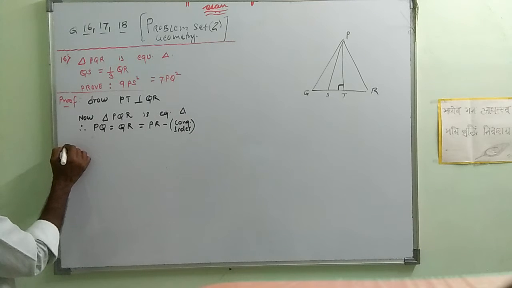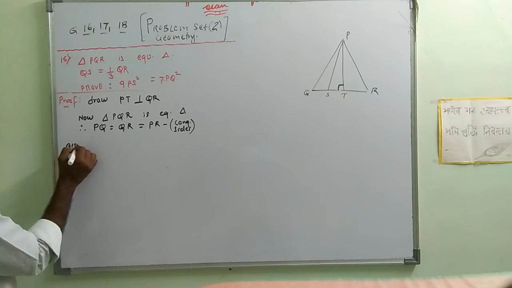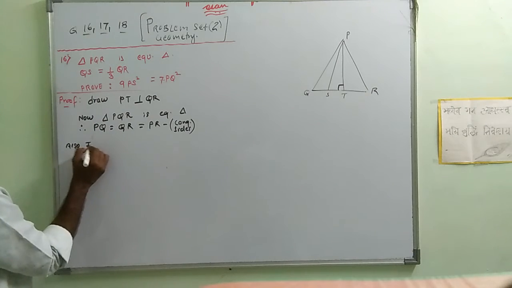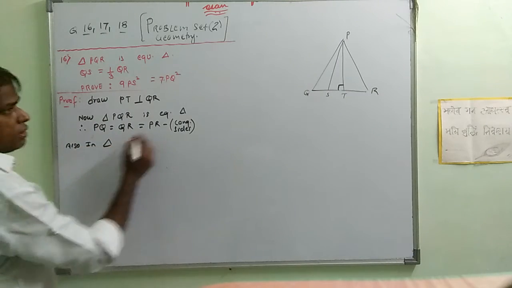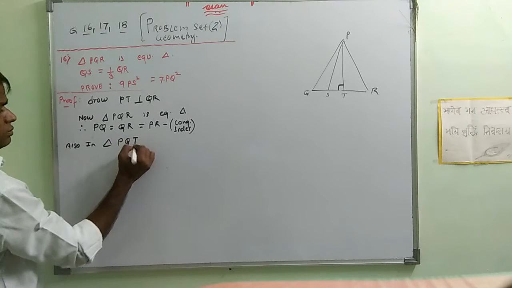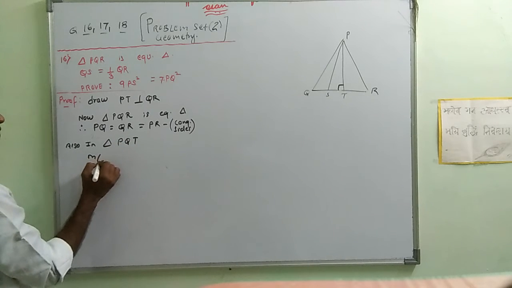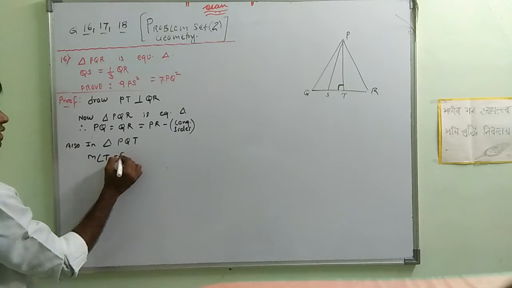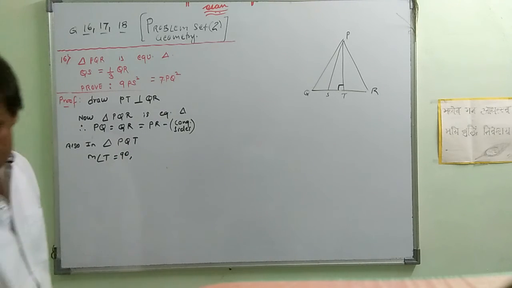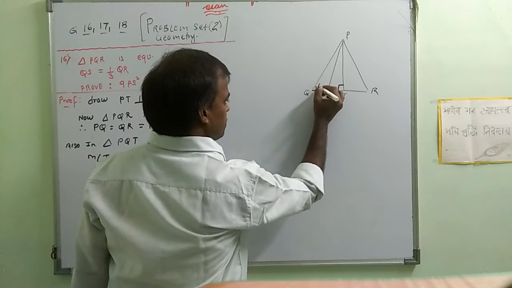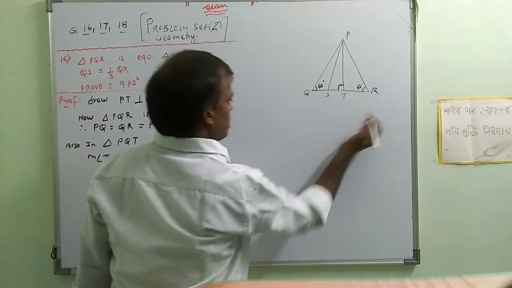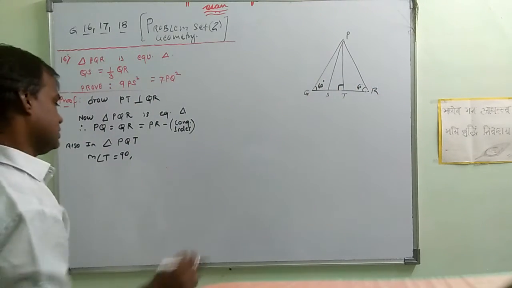Also, in triangle PQT, measure of angle T equals 90 degrees, from construction, and Q they have given 60.